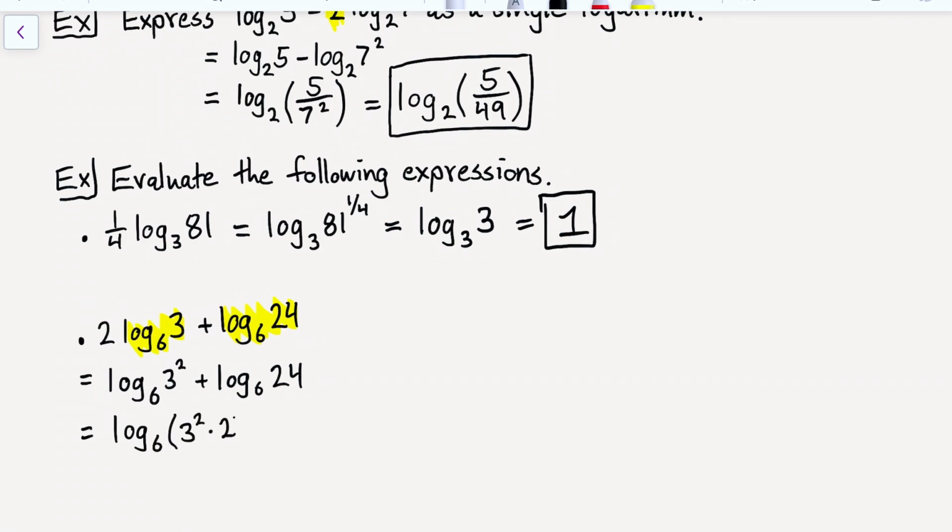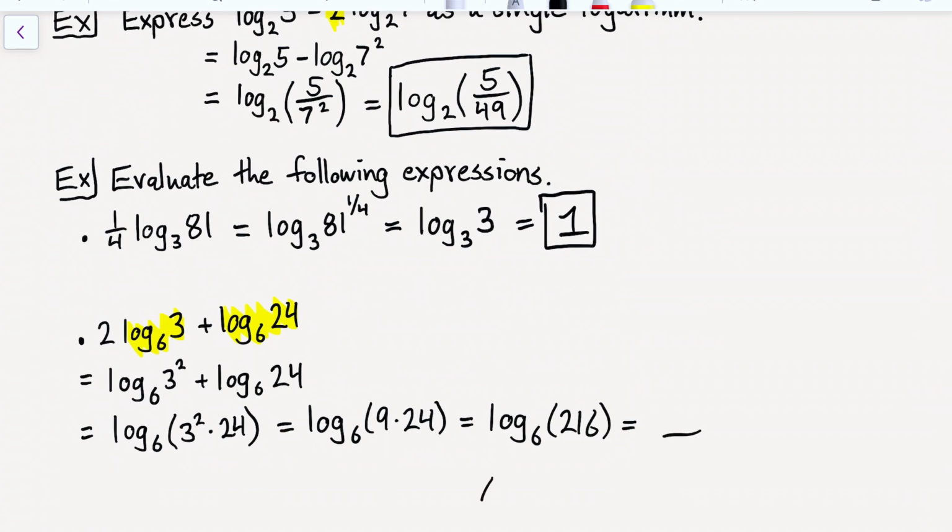That's going to be equal to log 6 of 3 squared, which is 9, times 24. So I could evaluate 9 times 24. That's equal to 216. So I have log 6 of 216.